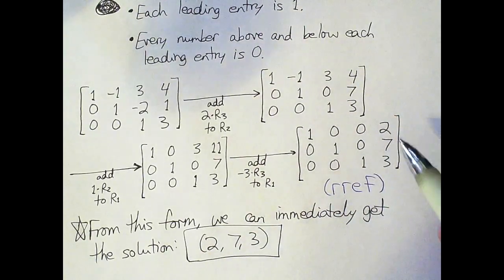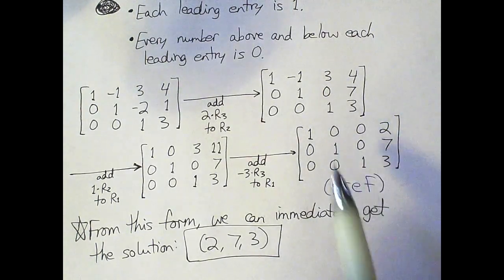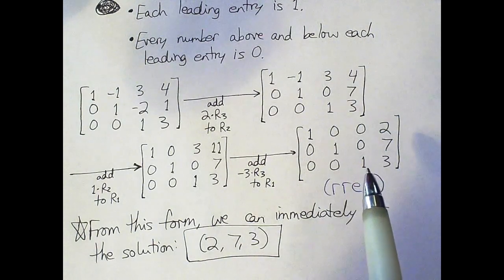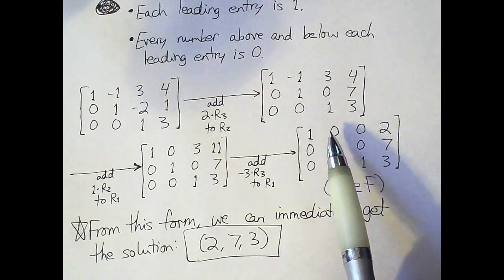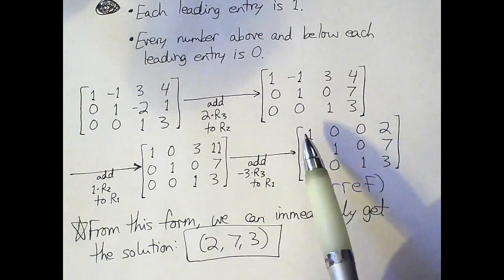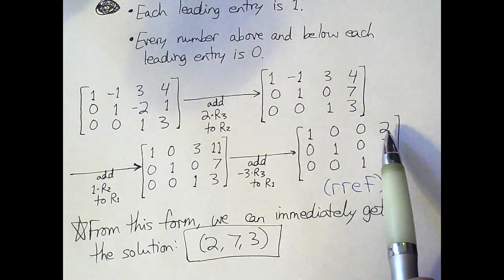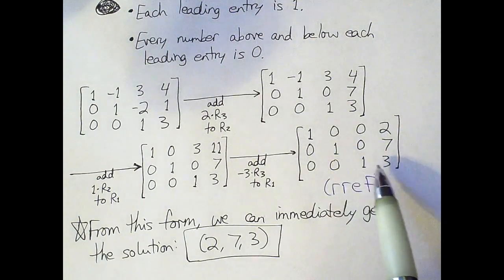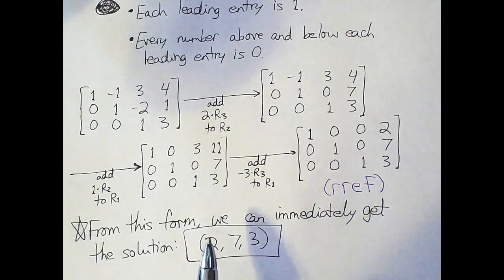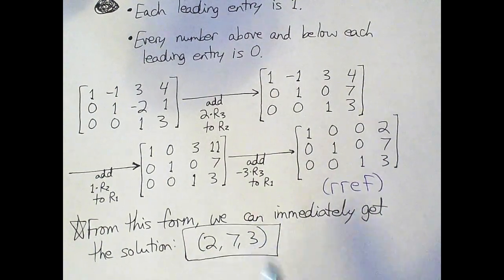Now, why does the vertical 2, 7, 3 mean that that's the solution? It's because if you think about what system this matrix represents, it's basically saying 1x plus 0y plus 0z, just 1x equals 2. 1y equals 7. 1z equals 3. So it's telling us x, y, and z.